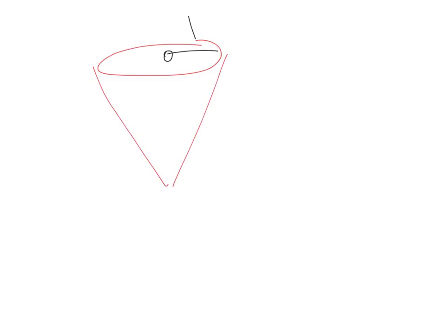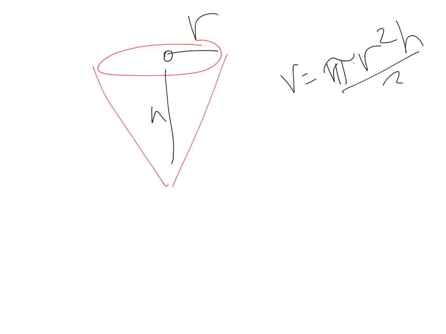Okay, so you got your cone, and for the cone you need your radius, and you also need your height. Okay. The formula is volume equals pi r squared times height divided by 3.